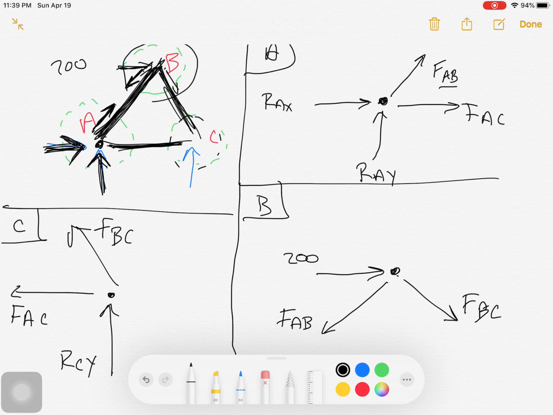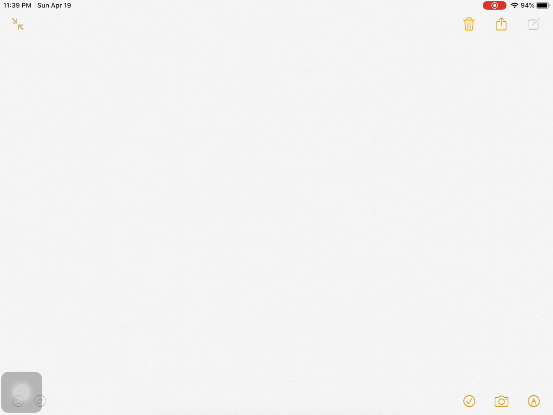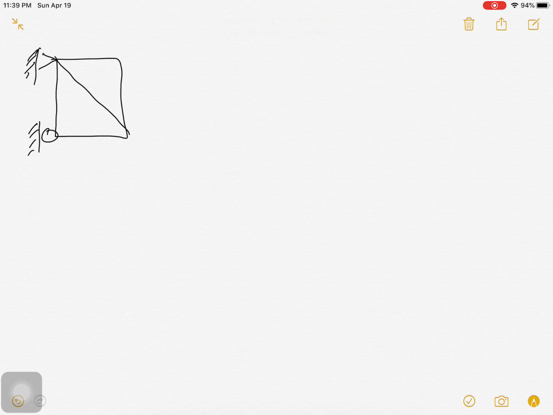Let's go ahead and do this one more time. So in this one, we'll say that we've got a box like that. We'll say we have a pin here and a roller there, and let's say something's hanging off that corner there, pulling down.